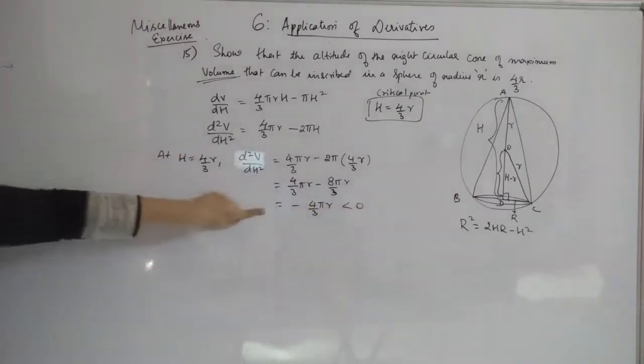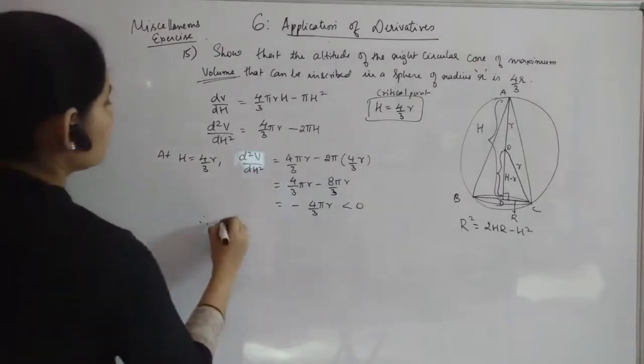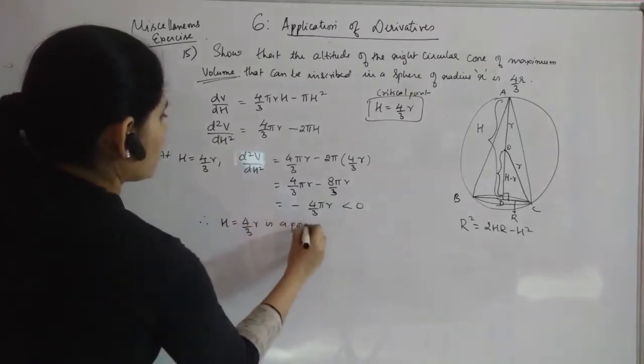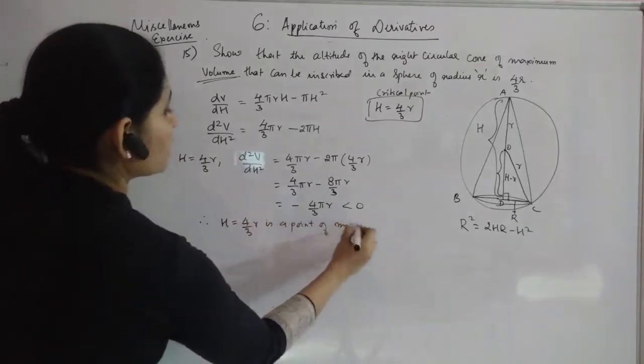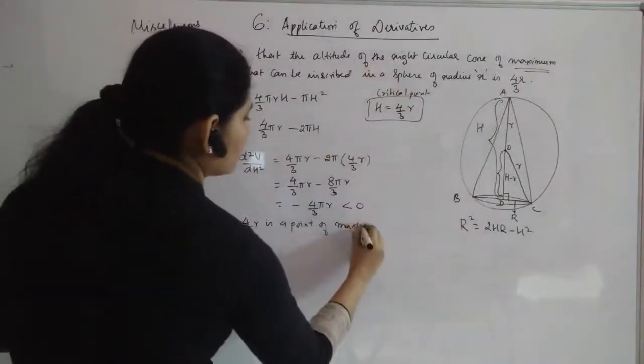So at this point the second derivative is less than 0, means by second derivative test you can say that h equal to 4 by 3 r is a point of maxima.